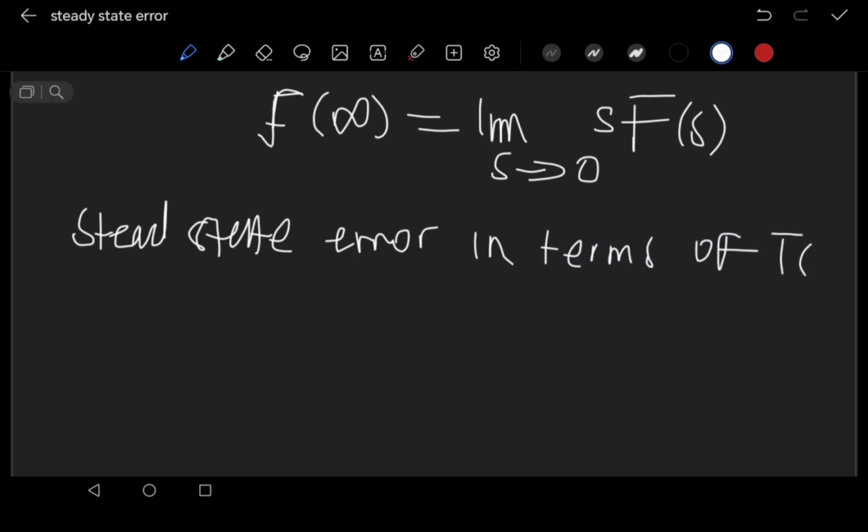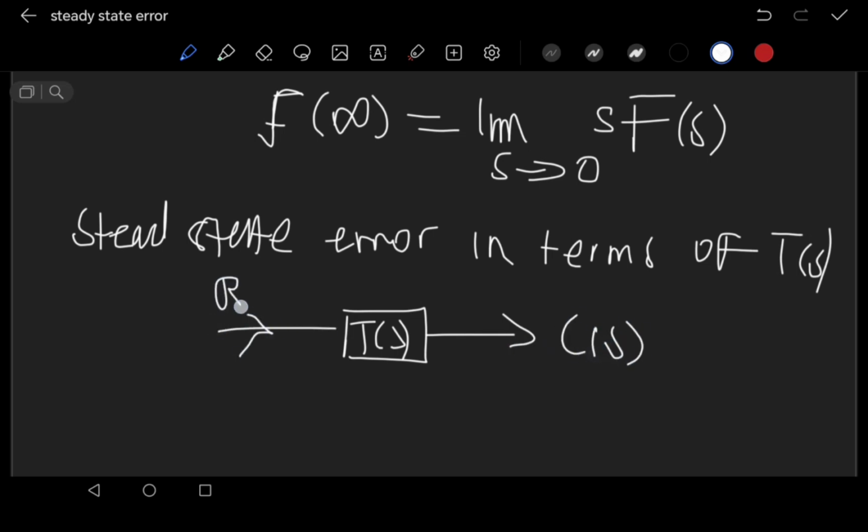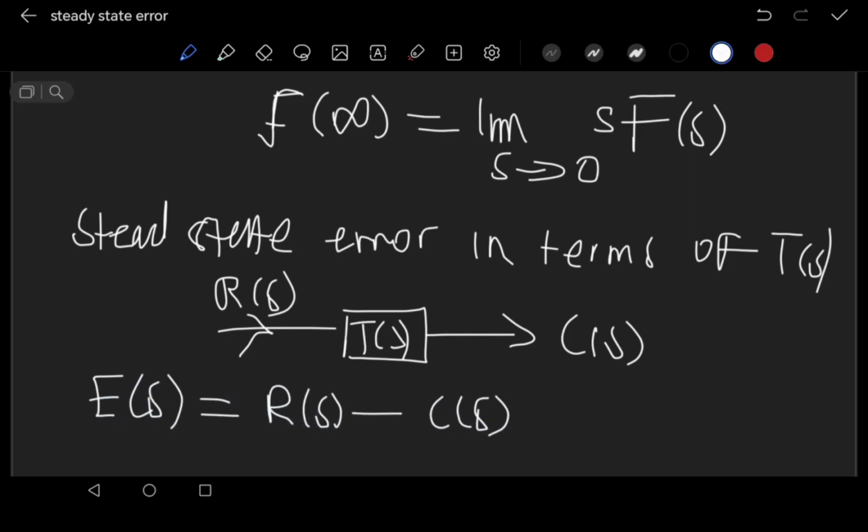you have to understand that, let me do a block diagram for you. That is having T(s), here is our output, and here is our input, that is R(s). The steady state error is equal to the difference between input and output. So what is our output?